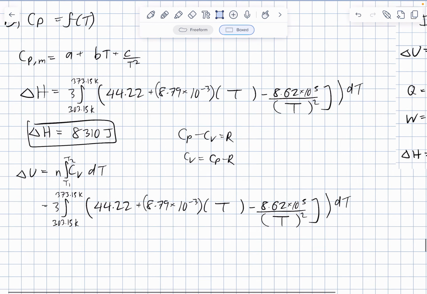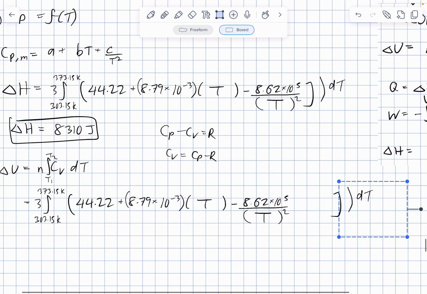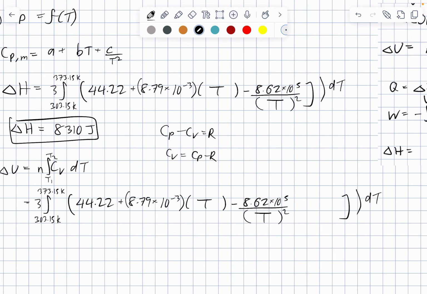Yeah, basically like that, and then that's the whole Cp, no? And then minus R. There you go. That's the only difference. 6564 joules.